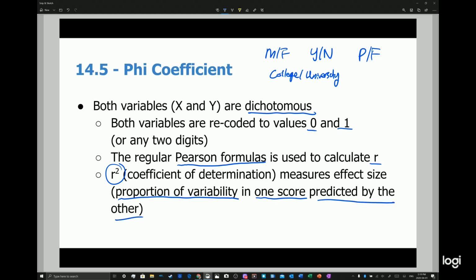So again, depending on the scale that you use when you measure your variables, whether they're interval, ratio, ordinal, or nominal, or they're dichotomous, or what kind of relationship you're looking for, linear or curvilinear, could be nonlinear, you would use a different correlation coefficient.